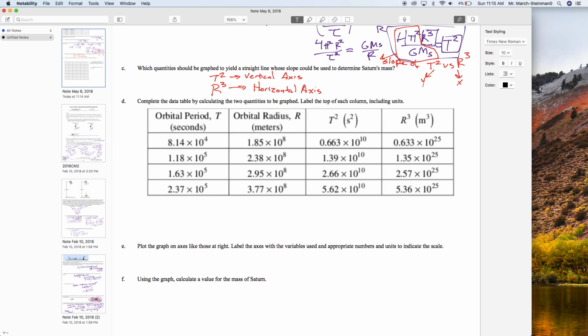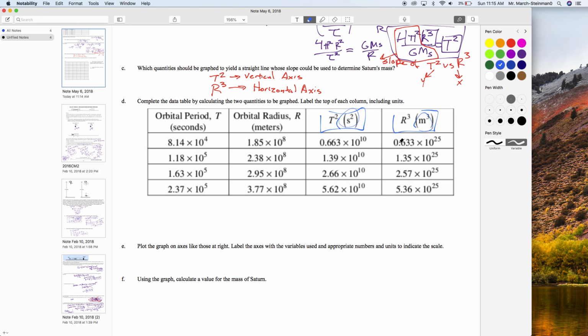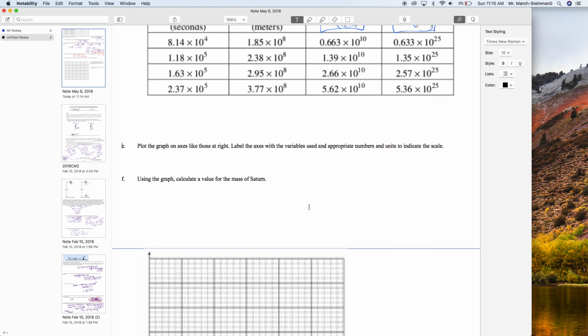If we look at this data table, you'll notice that I have T squared versus r cubed with appropriate units, and everything in scientific notation, because these are some pretty big numbers. Now the goal is to plot this graph. And how do I do that? Well, I should go down.